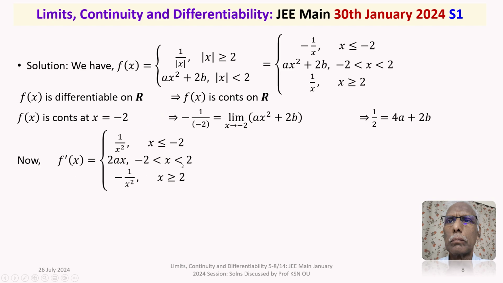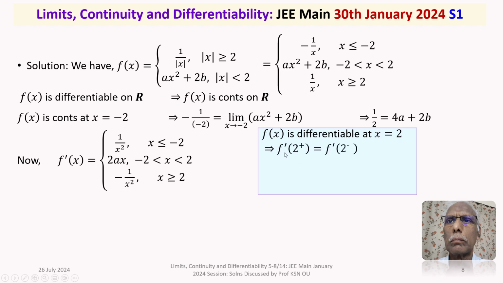Now, it is differentiable on the whole of the real number line. Therefore, it is also differentiable at x is equal to 2. So, f of x is differentiable at x is equal to 2. Then the derivative f prime 2 plus, that is the right hand derivative at 2, is equal to the left hand derivative at 2.